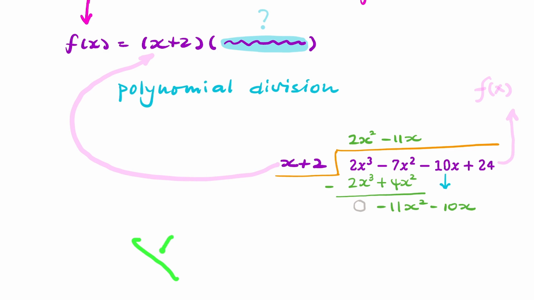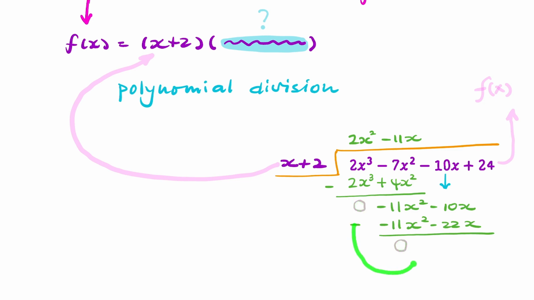Then you multiply. So we multiply negative 11x by both of these terms. And then you subtract. So we're going to subtract minus 11x squared from negative 11x squared. You should always get a 0. So the first term should always be 0.